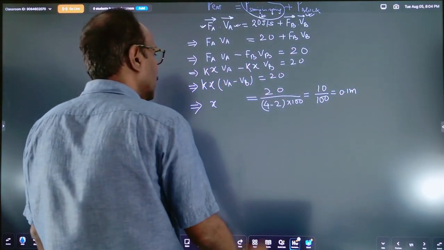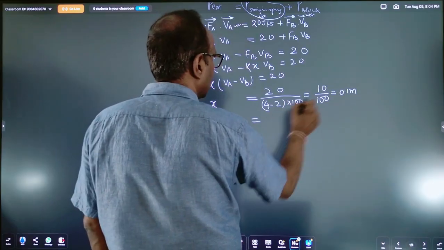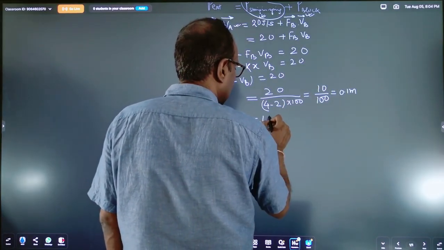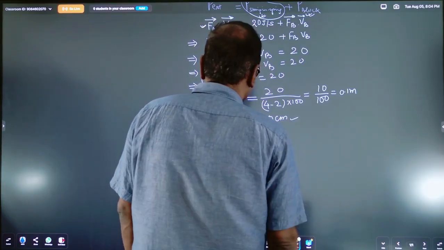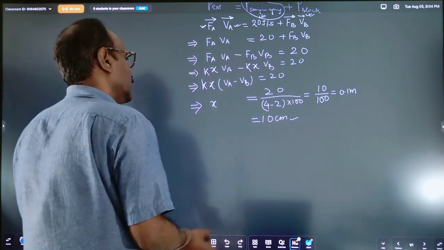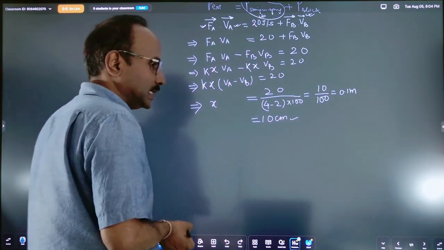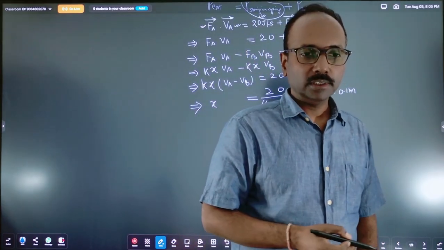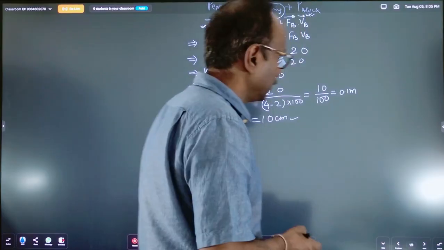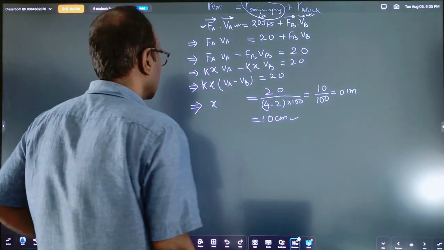To convert that into centimeter, you multiply by 100. This is 10 centimeter. So the stretch at that instant, when the velocity of point A is 4 meter per second and velocity of point B is 2 meter per second, is 10 centimeter.